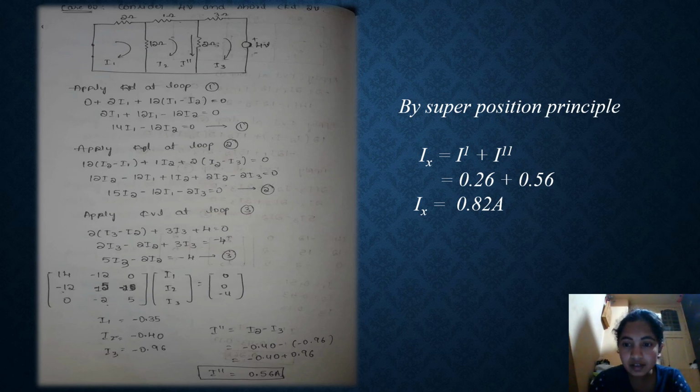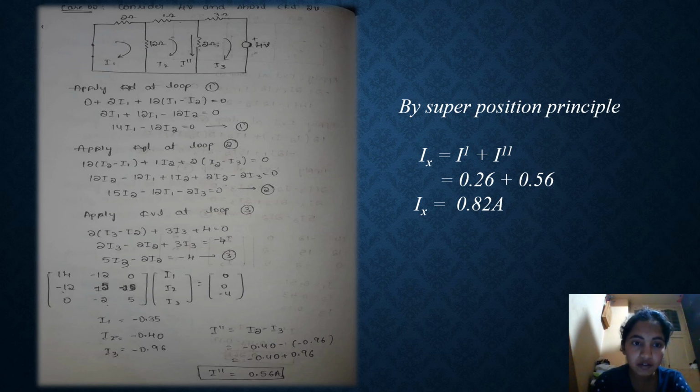So in case 2, let us consider the 4 volt and let us short circuit this 2 volt. If that is the condition, then let us apply KVL at loop 1. That is 0 plus 2 i1 plus 12 i1 minus i2 is equal to 0. Then the equation will be 2 i1 plus 12 i1 minus 12 i2 is equal to 0.